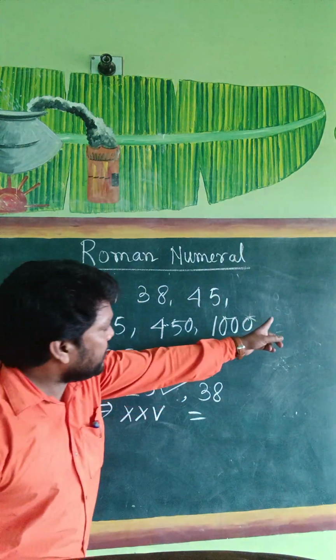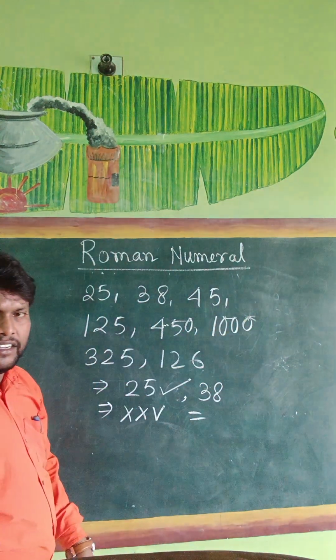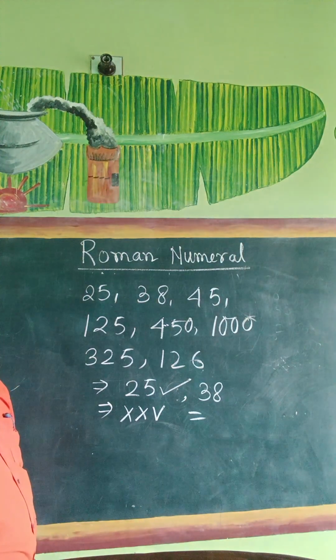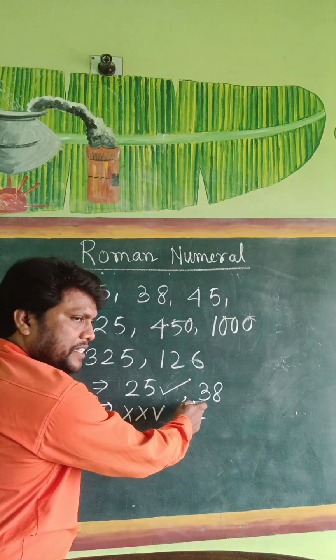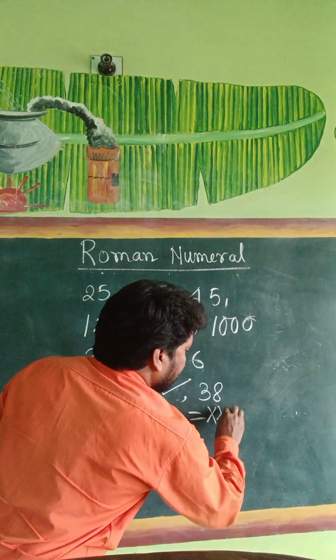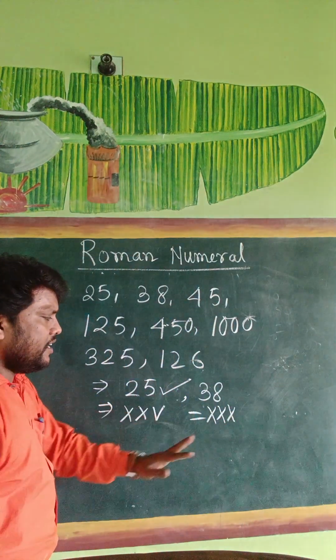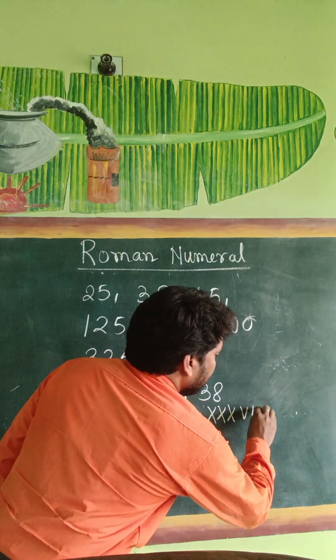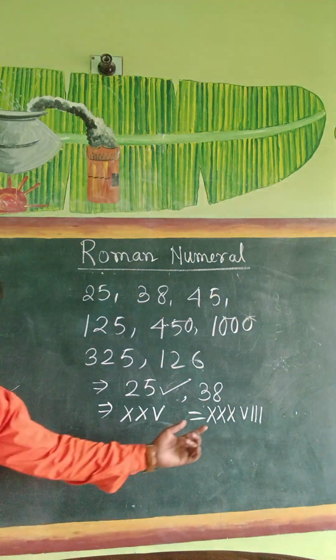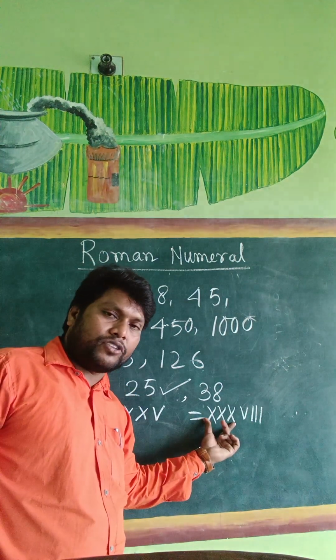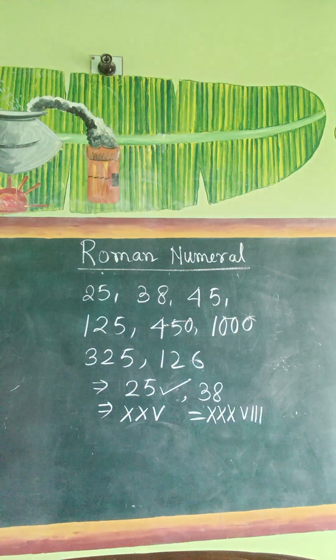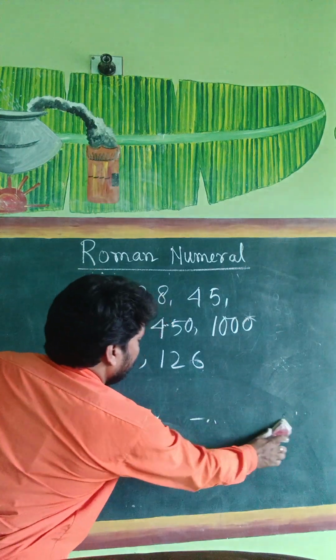Okay, next 38. 38 is not near 40, so X is repeated 3 times. XXX, then V, then III. Now I is repeated 3 times only, X is repeated 3 times only. Okay, so this is the rule.